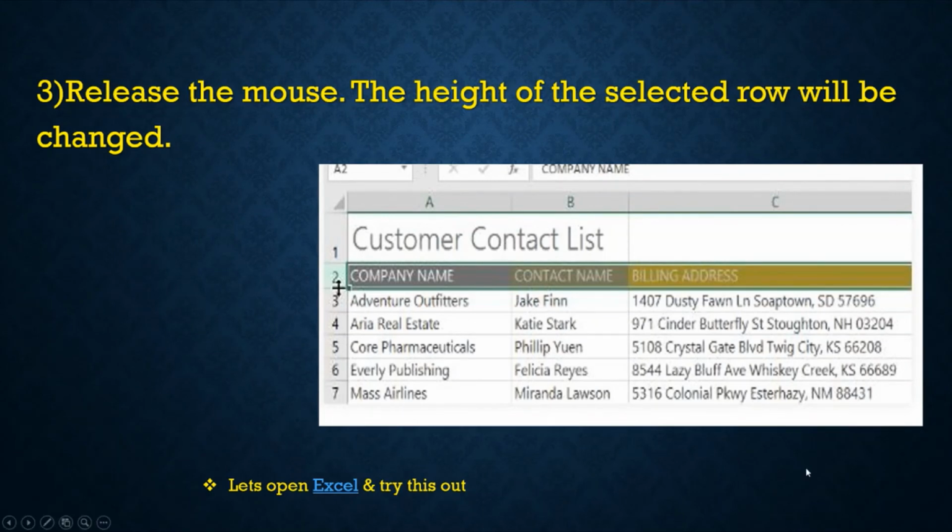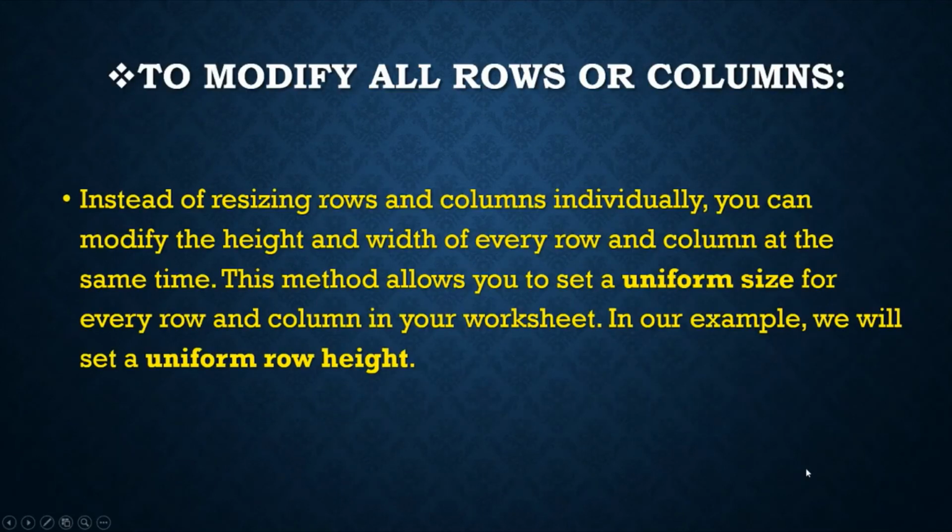Now let's see how to modify all rows or columns. Instead of resizing rows and columns individually, you can modify the height and width of every row and column at the same time. This method allows you to set a uniform height for every row and column in your worksheet.